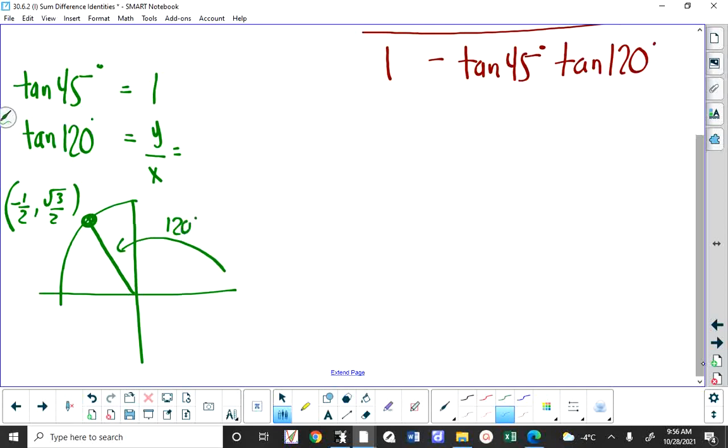So we're going to have the y coordinate, which is root 3 over 2, over the x coordinate, which is negative 1 over 2. Get rid of these pesky little denominators by multiplying the top and the bottom by 2. You're left with root 3 over negative 1, which is negative root 3. So now we're going to put those two things into the identity.